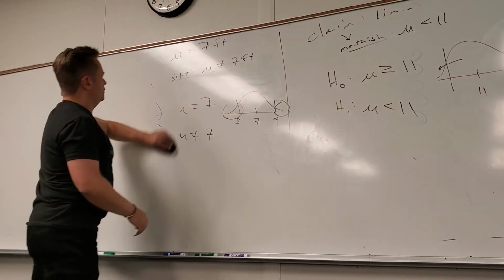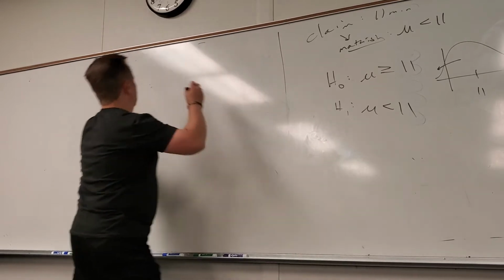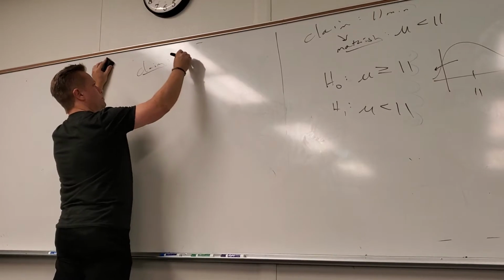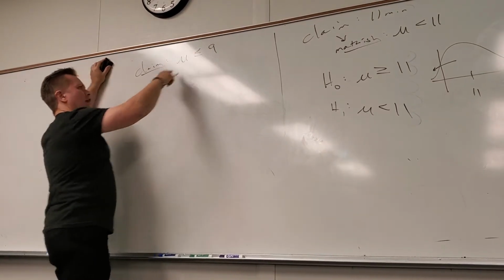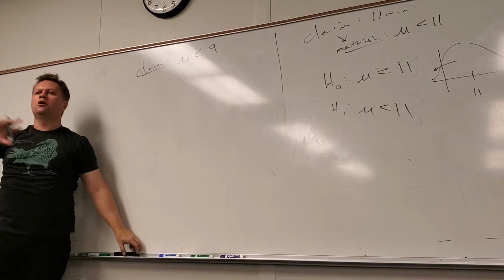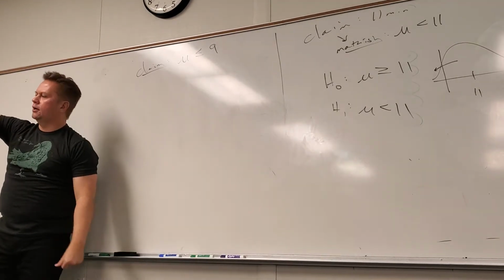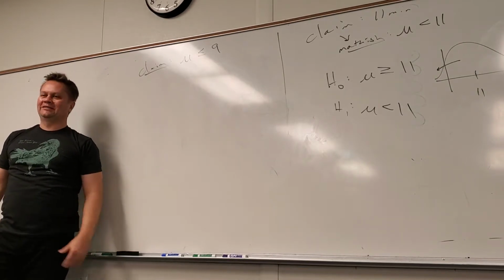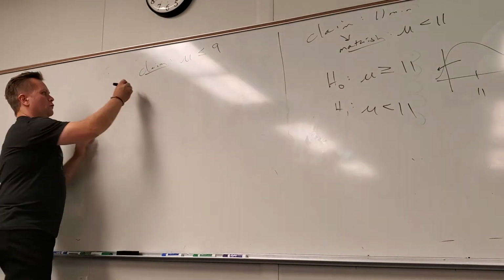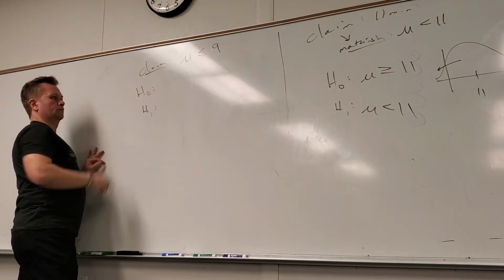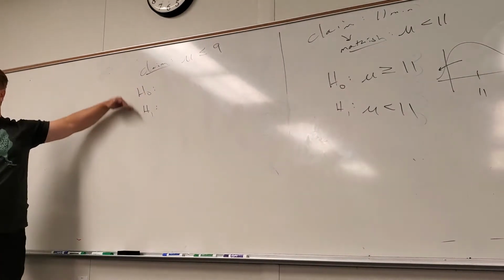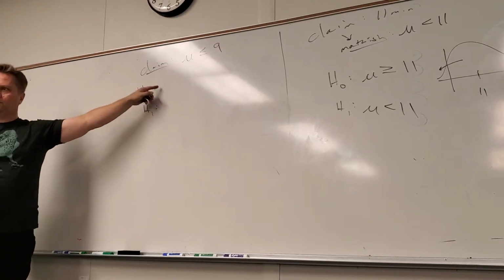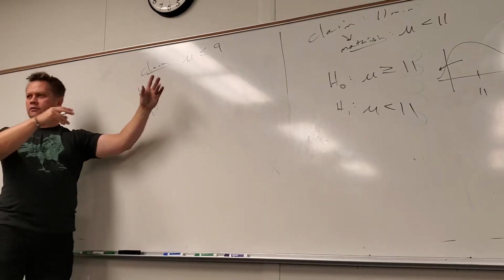So if my claim was the mean is at most 9, if I claim at most 9 holes in one next year, where do I put it? In the H0. Right? You put that statement into the appropriate spot next to the null hypothesis. It goes in for the H0.